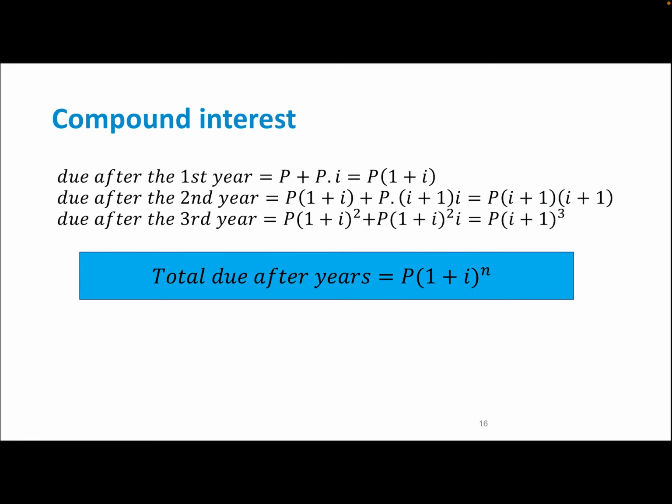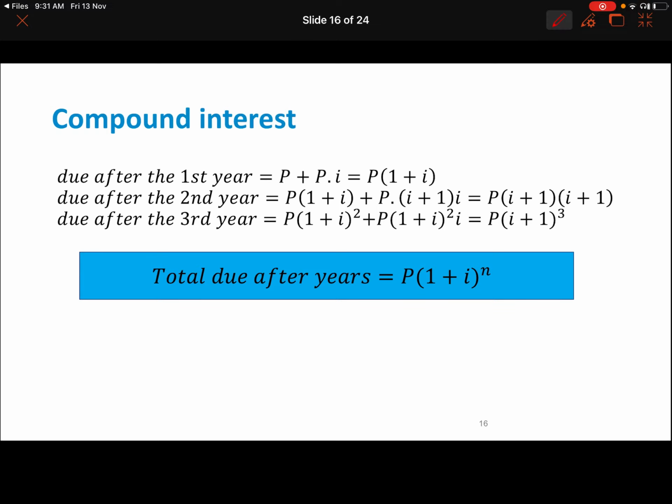So the compound interest can be estimated in this mathematical way. After the first year, I have the amount of money plus the interest, which is P(i plus 1). After the next year, I have P(i plus 1) as a principal. This amount we may call x.